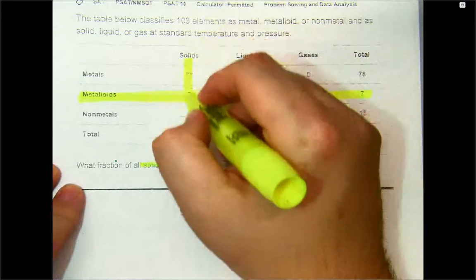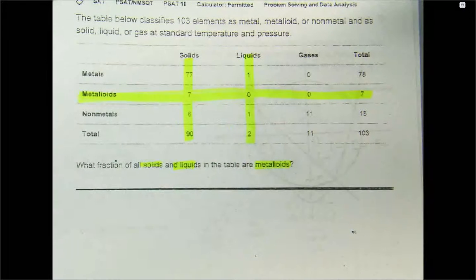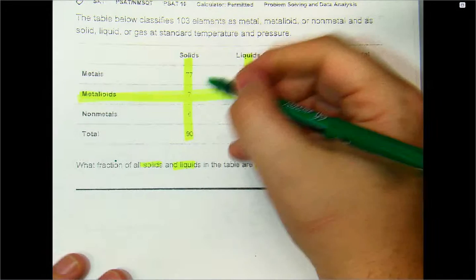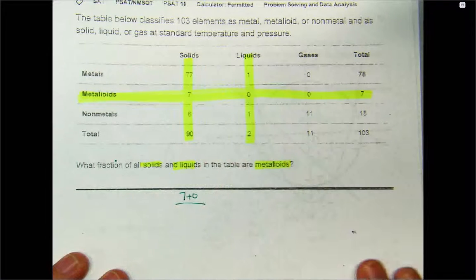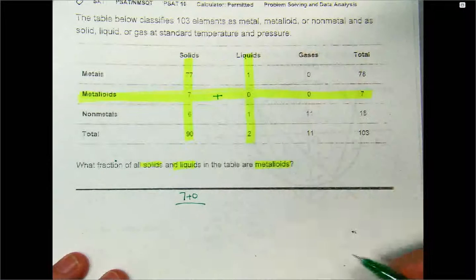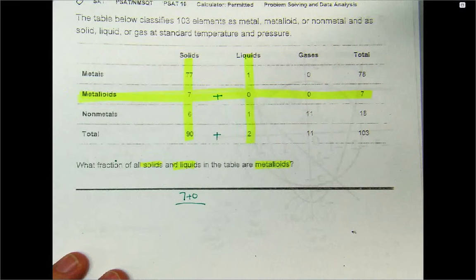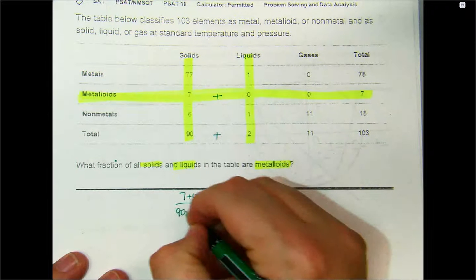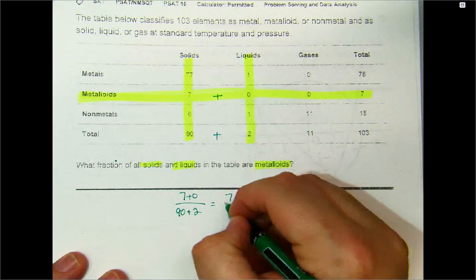How many metalloids are solids and liquids? 7 plus 0, right? So add those two. And then the total number of solids and liquids. So the answer to this one ends up being 7 over 92.